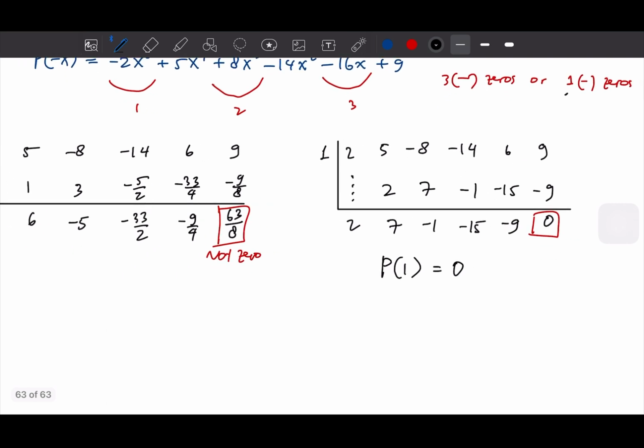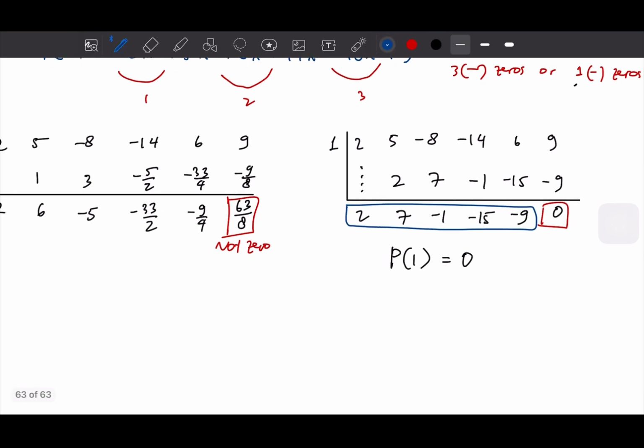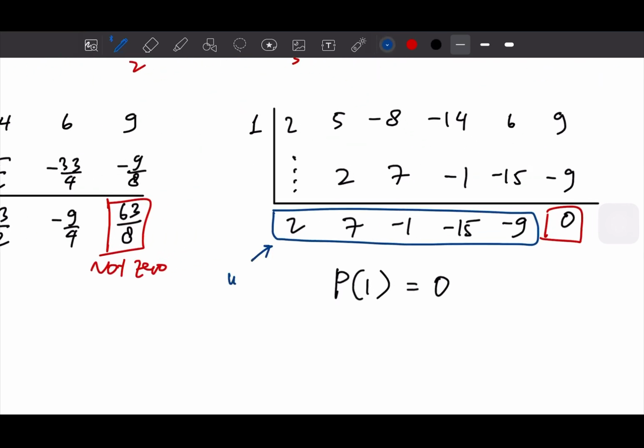And then we have the other form here. So we could write our P(x), and every time you get 0, do not use the original equation to find other zeros. Rather, use the one that you have reduced to. So for our case, let's use this one.